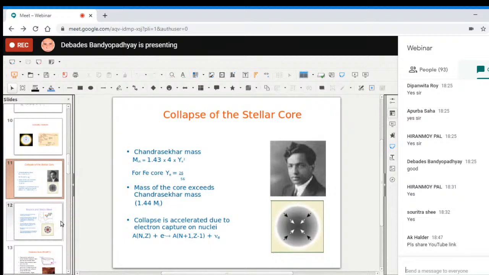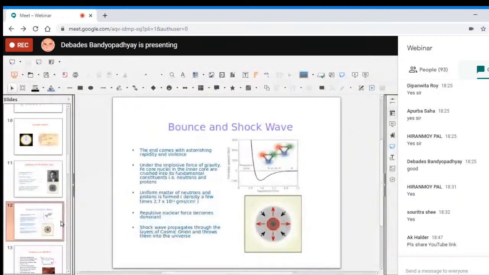Then what will happen? The core at the center will be more compressed due to the gravitational force, and density will increase. When the density is about 2.7 times 10 to the power 14 gram per centimeter cube, all these nuclei will be crushed into their fundamental constituents, that is neutrons and protons, and these will form a uniform nuclear matter.